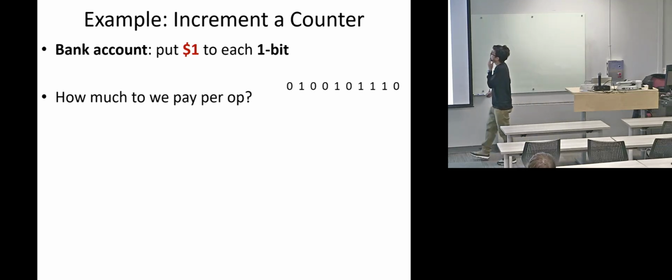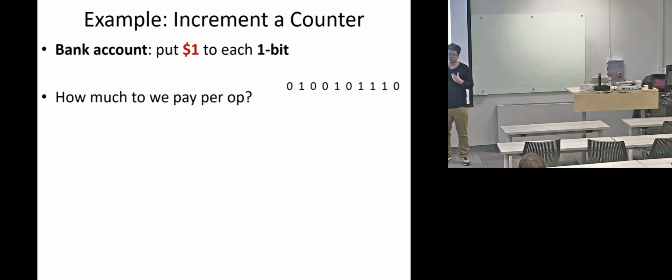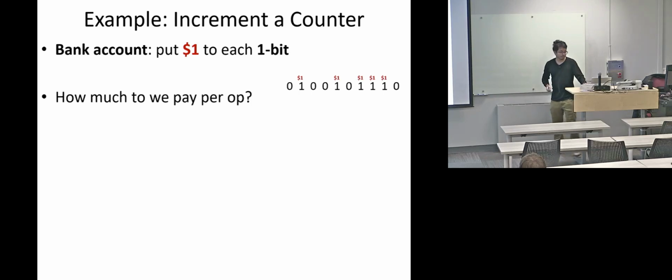Look at this toy example, incrementing the counter. What I'm going to do is make sure that the bank account has $1 per 1 bit. For each of the 1 bits, I have $1 here.